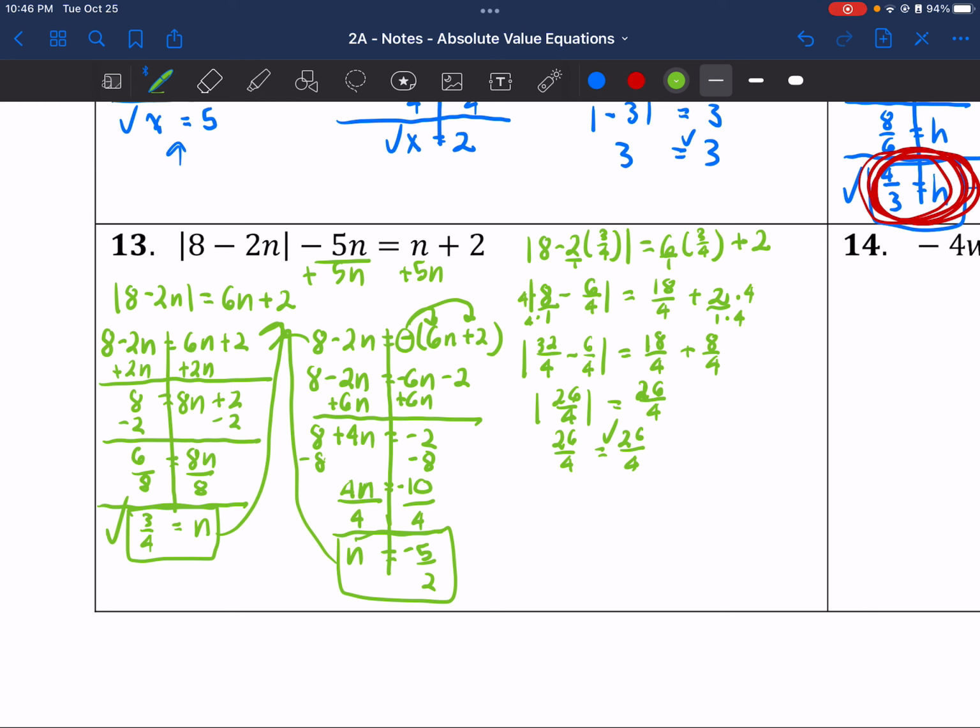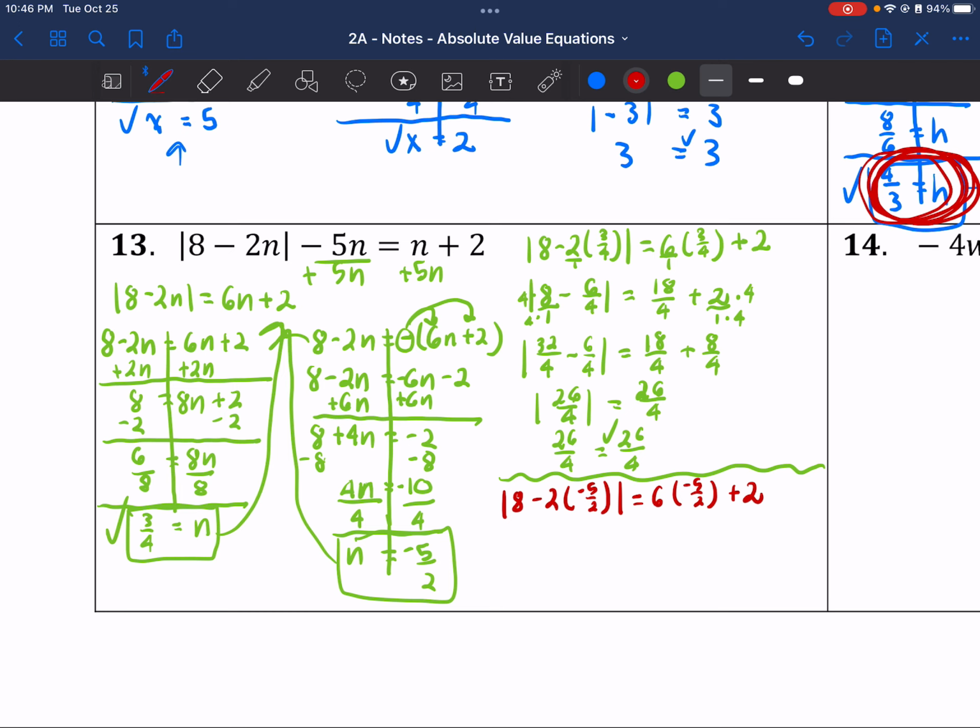Now, we're going to plug in n is equal to negative 5 over 2. And we're going to do this in a different color. So we get the absolute value of 8 minus 2 times negative 5 over 2 is equal to 6 times negative 5 over 2 plus 2.